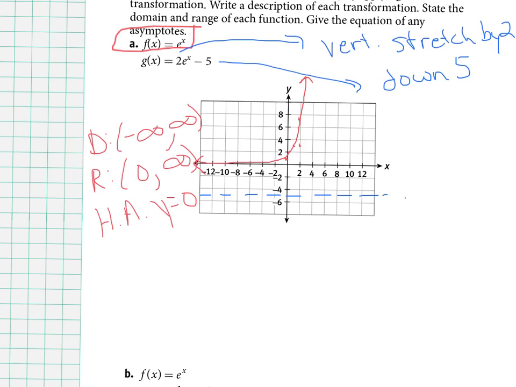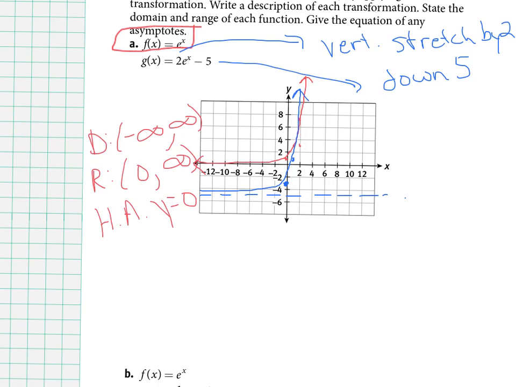So notice I put a little dashed line there to help me. So if I double my y values and move them down 5, this is going to move here. And when x is 1, we're about half. It's going to look something like this.